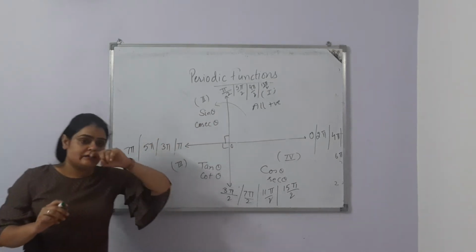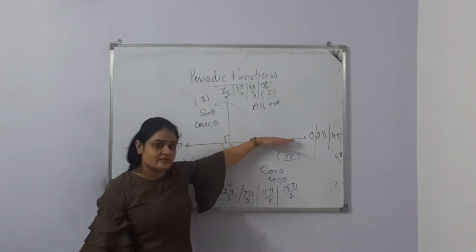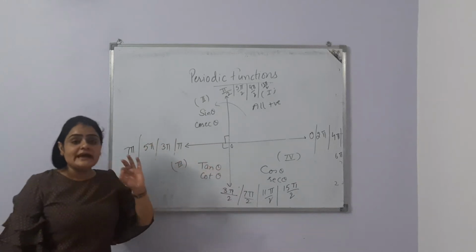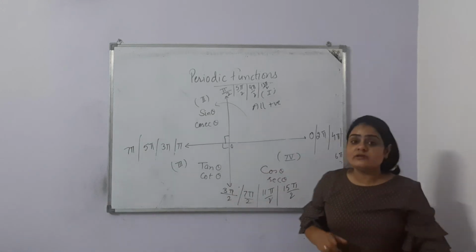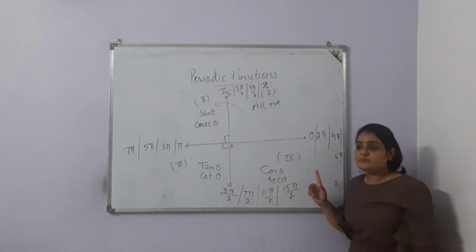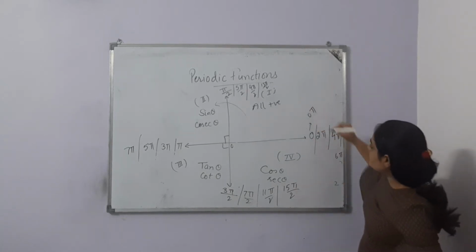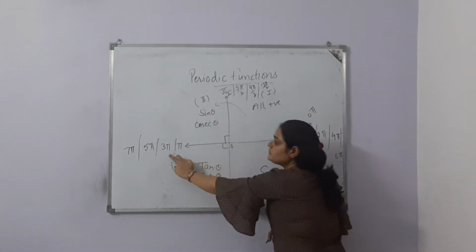And second thing, you are observing that on the x-axis, the horizontal line, we are getting the angles in terms of pi only. That means they come with pi as the constant term. 0, can I write 0 as 0 pi? 0 pi, 1 pi, 2 pi, 3 pi.